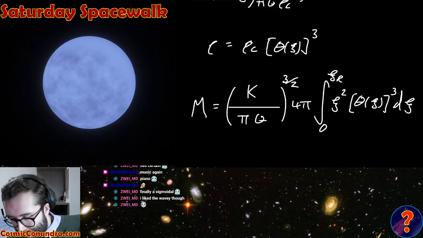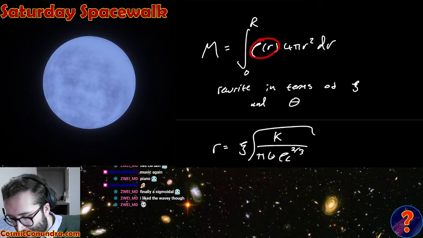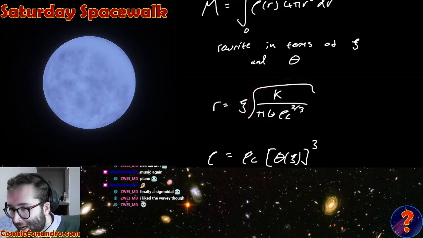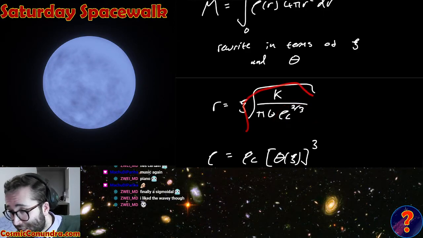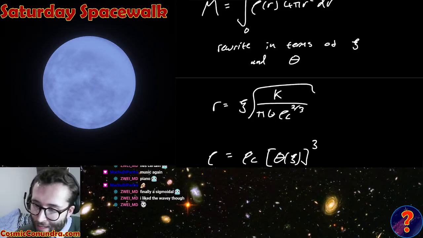So from here we'll get something proportional to core density, and then from all of these prefactors, you get a cancellation in all of these powers of 2/3 and these square roots, and the core density actually cancels. So the mass of the white dwarf actually is independent of the core density.